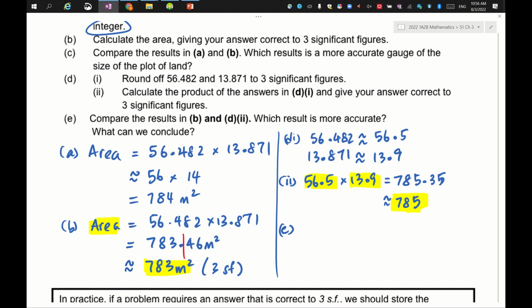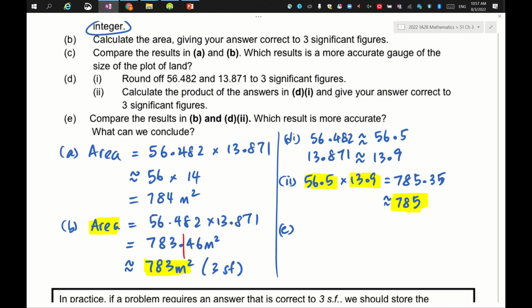Part B versus part D, part 2. Which one is more accurate? B? Okay, who thinks it is B is more accurate? Raise your hand. B? Who thinks part D, part 2 is more accurate? D, part 2? Okay, we have slightly more who choose part B.